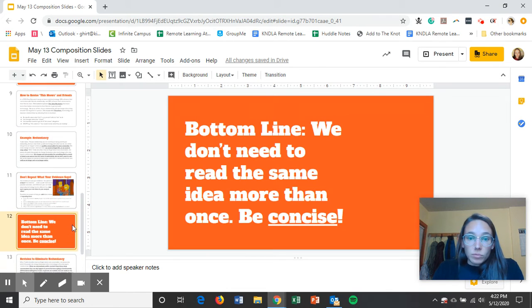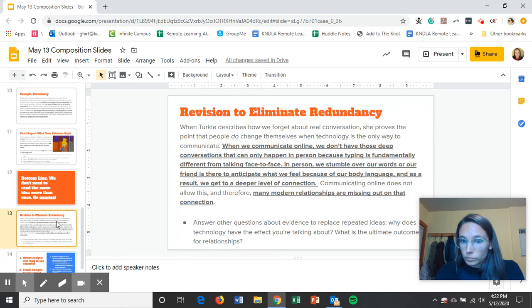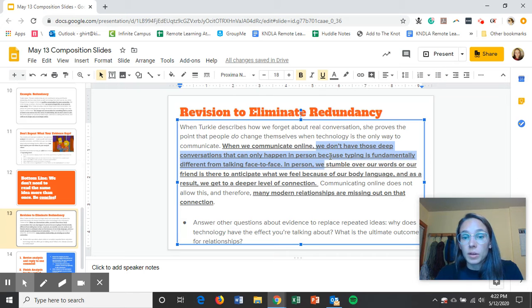So bottom line, we do not need to read the same idea more than once. Be concise. So here's an example. Instead of just repeating what Turkle is saying, I am answering other questions about that evidence to replace the repeated ideas. So when we communicate online, we don't have those deep conversations that can only happen in person, because typing is fundamentally different from talking face to face.